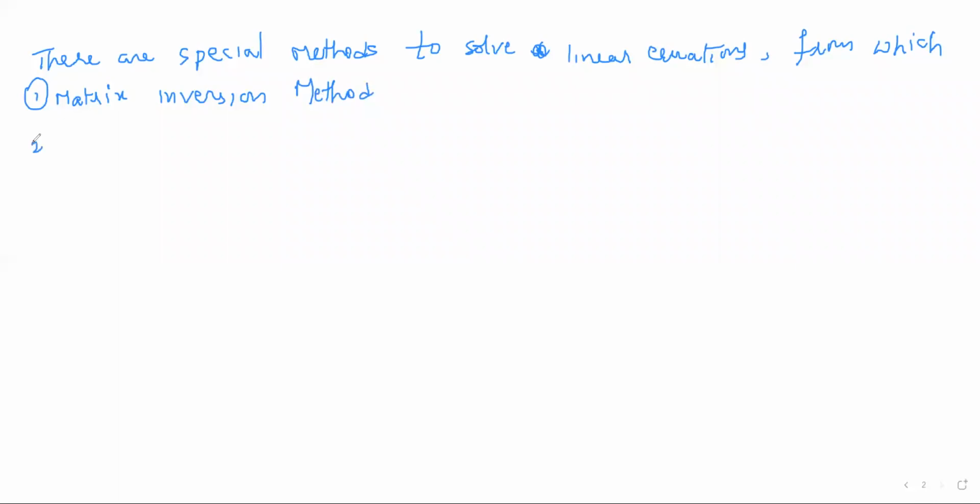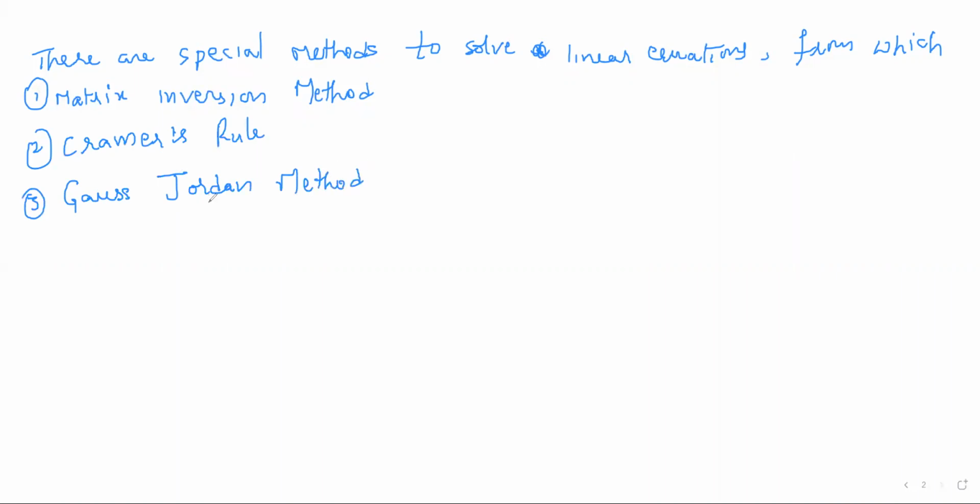Second one, Cramer's rule. And third one, Gauss Jordan method. Okay. And this is not in our syllabus in this semester. Okay. Not in our syllabus. So I am making here a mark.